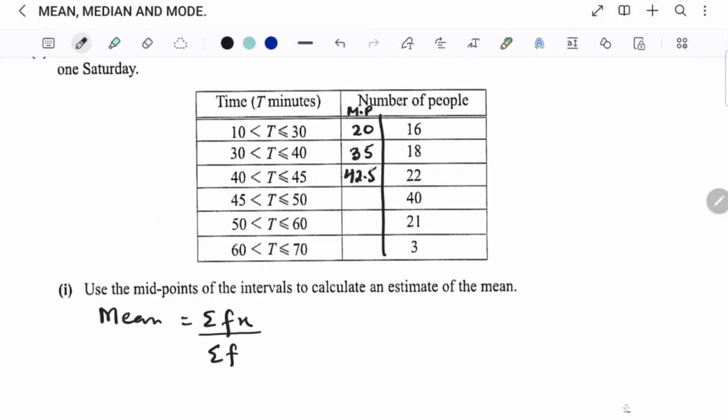You just add them together and divide by 2. Then 45 to 50 is 47.5, add together and divide by 2, and then 50 to 60 is 55, and 60 to 70 is 65. We got all the midpoints. This is your x and this is your f. Now I'm making the sum of fx table here.